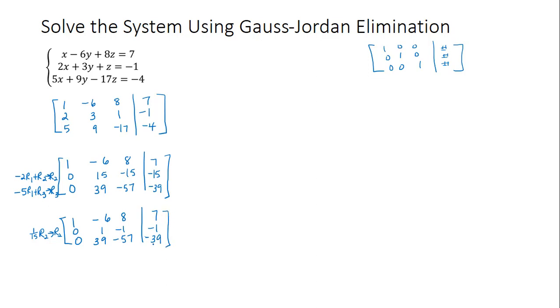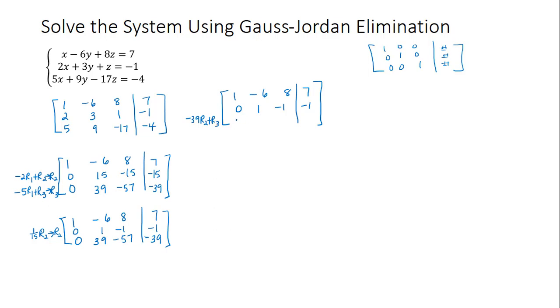So now I need to get a 0 underneath the 1 that I just had in the second column. And so to do that, I can add negative 39 plus 39 gives me 0. So in this step, I'm going to keep row 1, 1, negative 6, 8, and 7. My row 2 is 0, 1, negative 1, negative 1. But in row 3 now I'm going to do negative 39 times row 2 plus row 3.